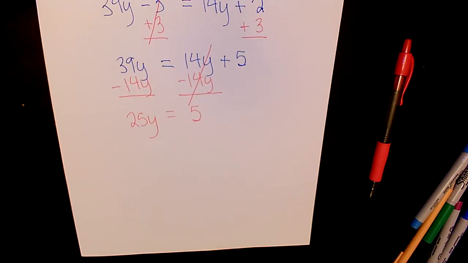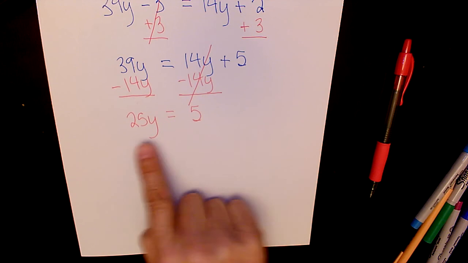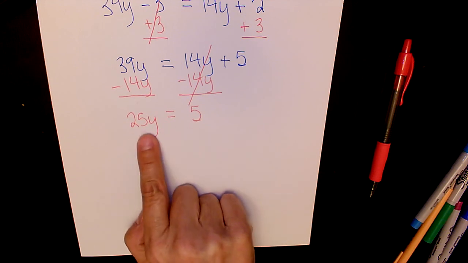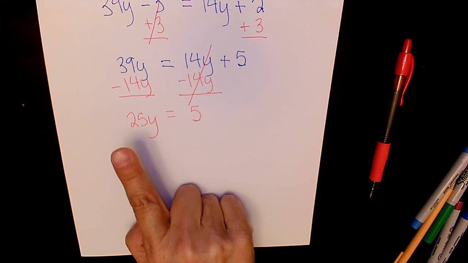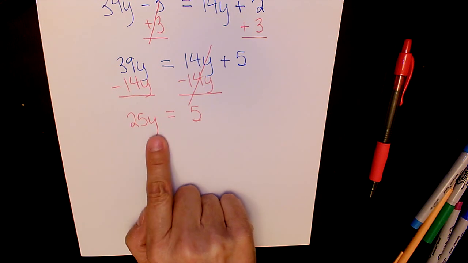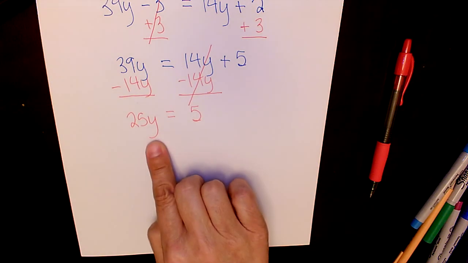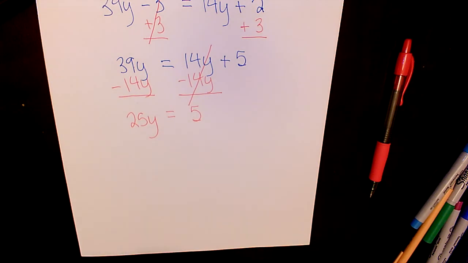Now, some people might look at that and say, oh, I know the answer. The answer is 5. Ooh, be careful, because you might want to divide both sides by 5, but we're looking over here. We want to divide by the number that is standing with the variable or with the y, because we need y alone at the end.